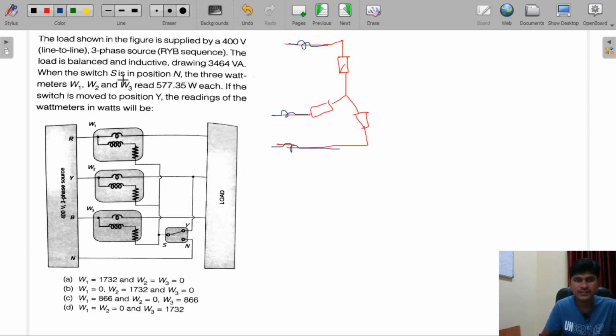If the switch is in position N, it is connected to the neutral point like this. Let me redraw it again.